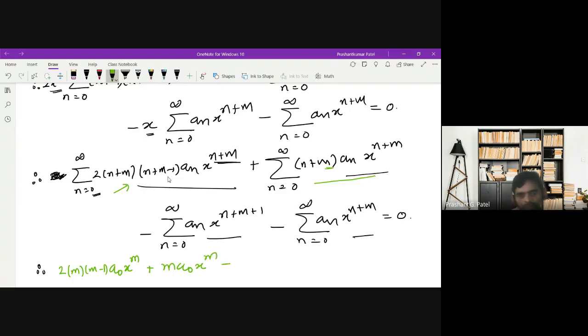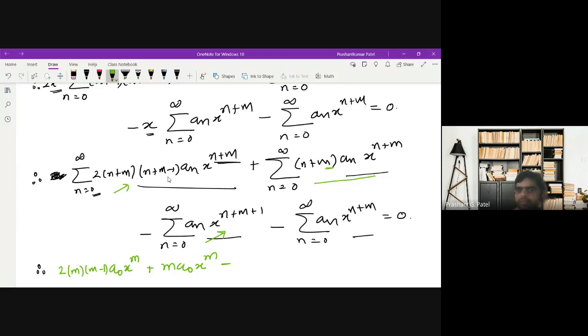In this third summation, if I put n equal to 0, then that degree is not x power m.